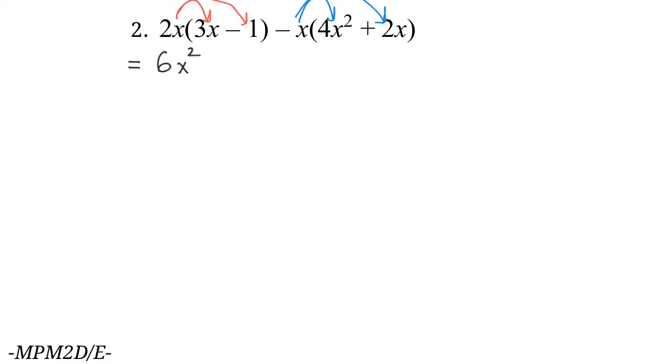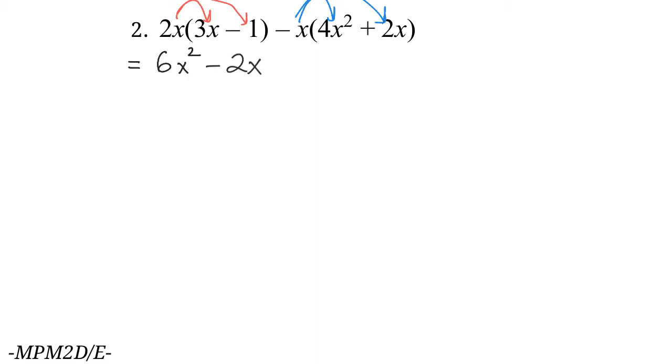So if you have an x and an x, and you want to multiply them together, remember that each of these x's has an exponent value of 1. So if you were to add the exponents, well, 1 plus 1 is 2, and that is how we come up with x squared. If we continue our multiplication, we then move on to 2x multiplied by -1, which is going to give us -2x.